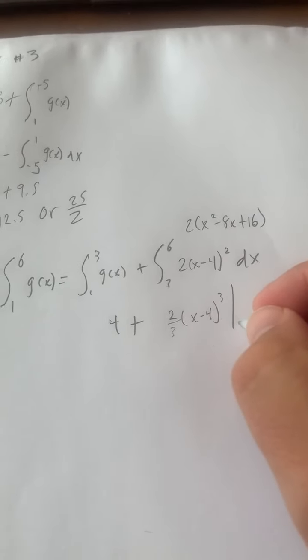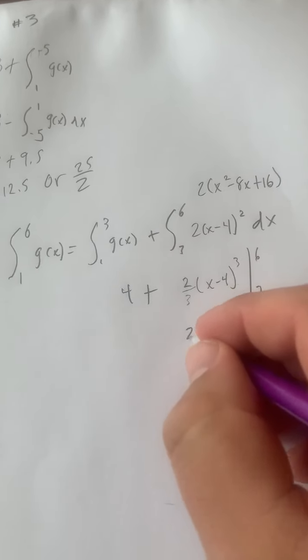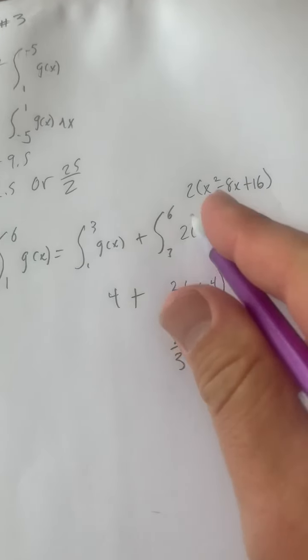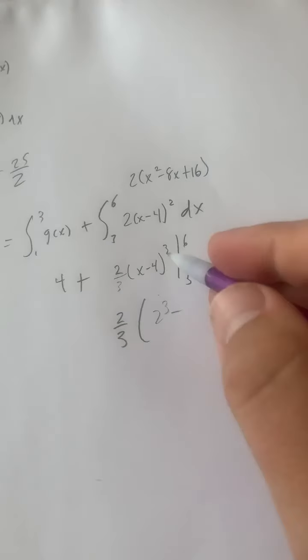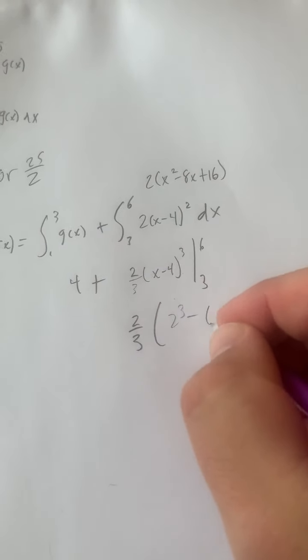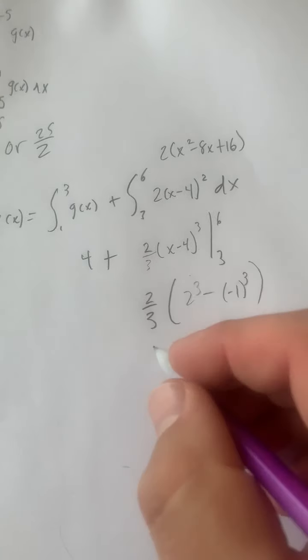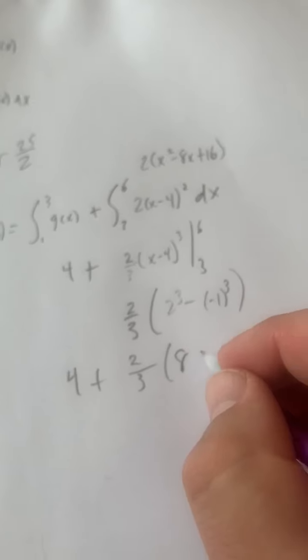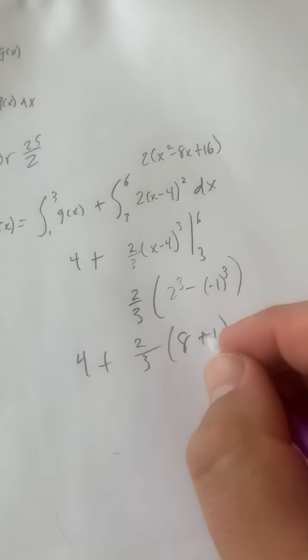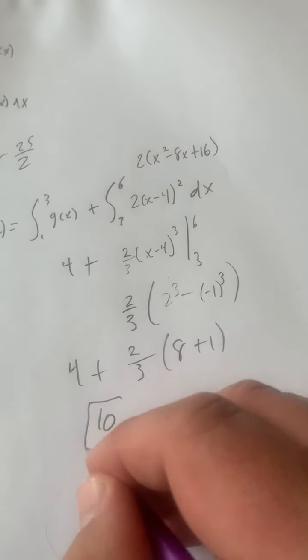And I'm going to evaluate this from 3 to 6. So I've got a 2/3, I'm going to go ahead and factor that out. If I plug a 6 in, I get 2 to the third. And if I plug a 3 in, I get negative 1 to the third. So I still have this 4 here. So I get 2/3 times 8, and then plus 1 is 9. 3 goes into 9 three times, so 6, so that's a total of 10.